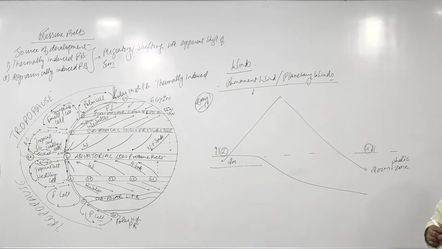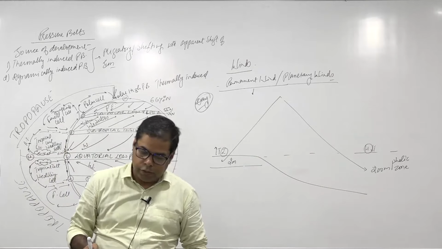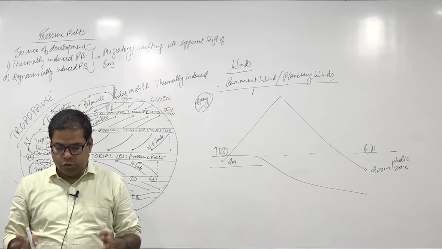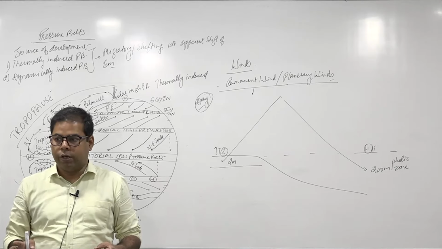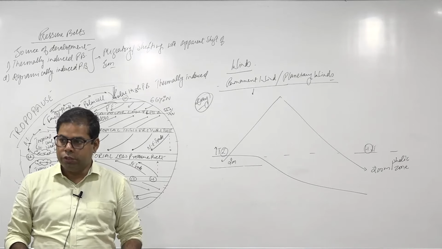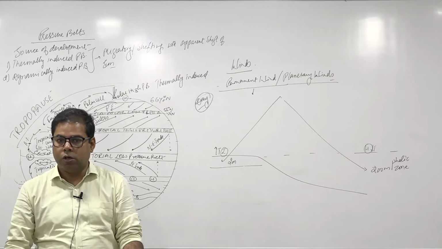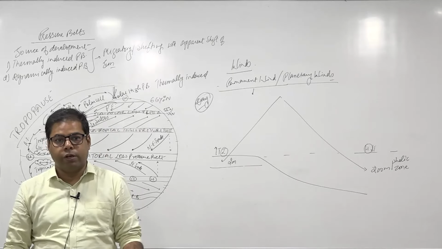For example, in the summer season in southern India, the Bay of Bengal and the land have the same insolation, right? Same amount of insolation reaches the surface of the water as well as the land, but they are heated at different rates.